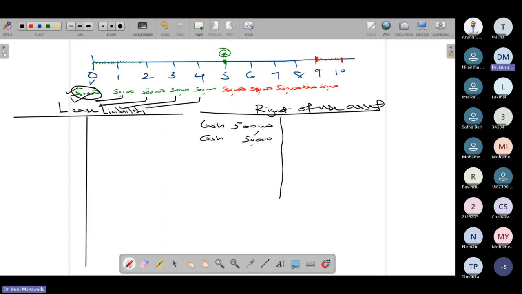Take the present value. The discounting rate has been given. What is the discounting rate? The incremental borrowing rate is 13%.